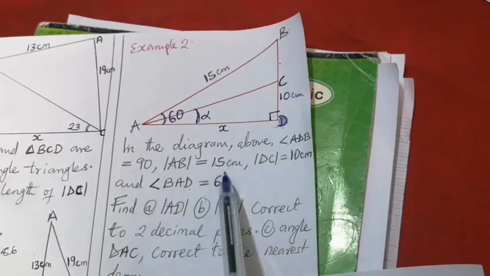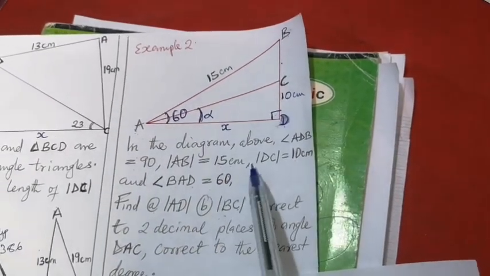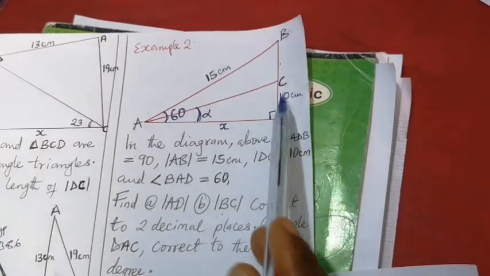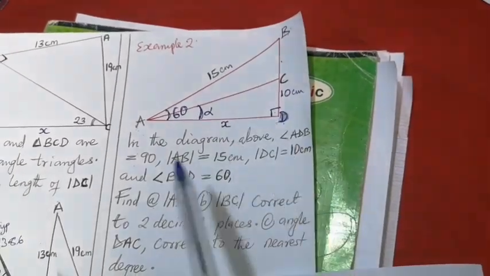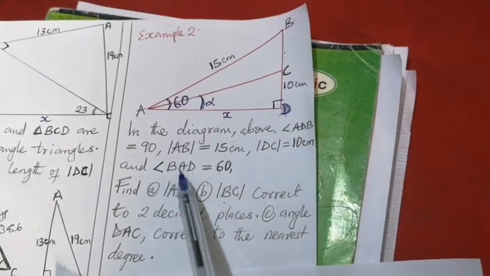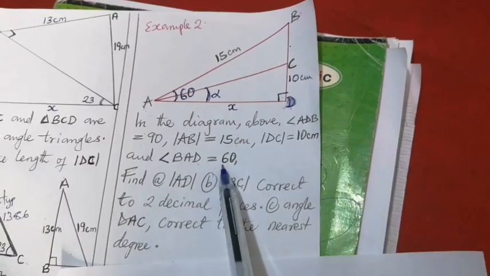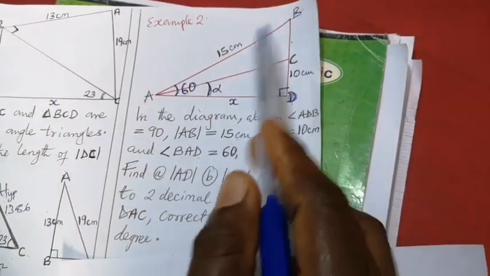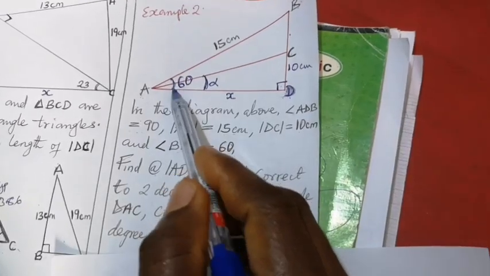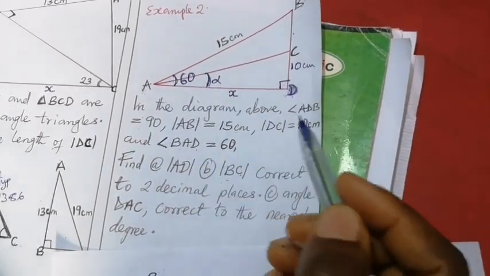Line AB is 15 cm, and line DC is 10 cm, and angle BAD is equal to 60 degrees. Angle BAD is 60 degrees. Okay, that is what we have here. The whole of this angle is 60 degrees.